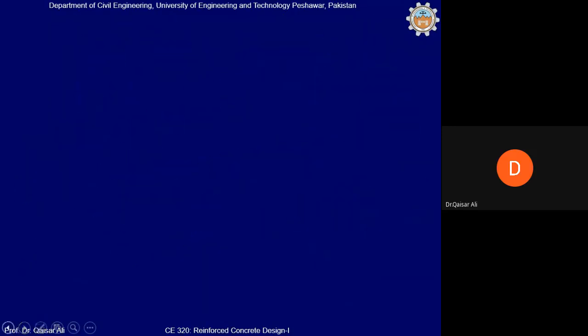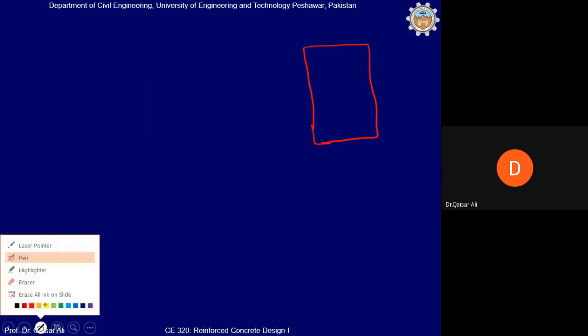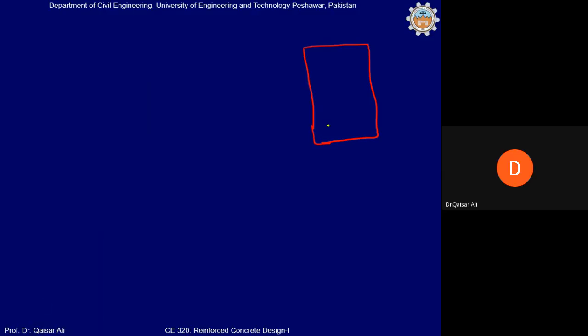So let us calculate again. The final design section will be like this: 3 bars in the first layer and 3 bars in the second layer.